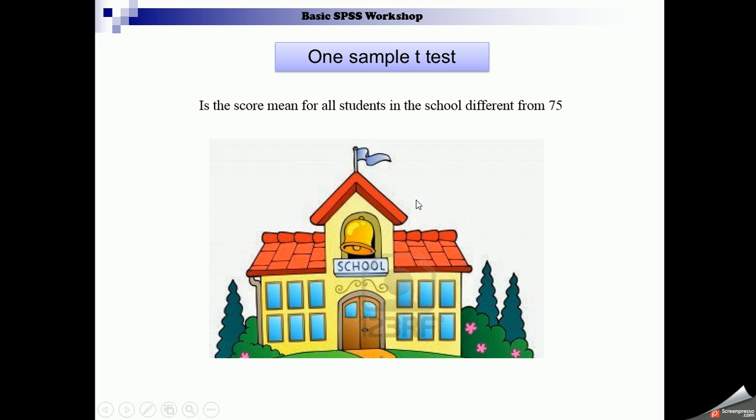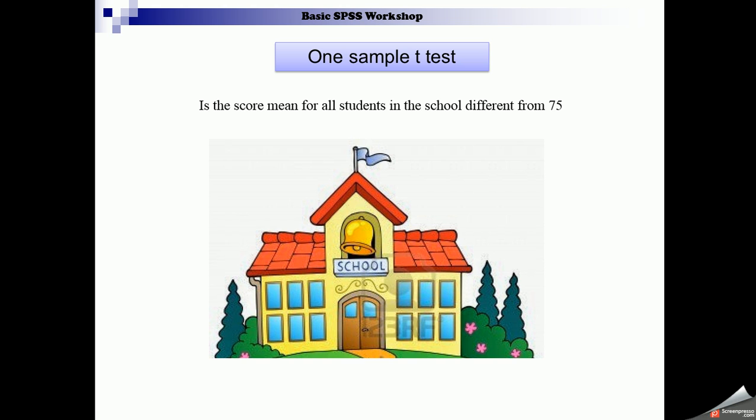So let's think that we have the population for the whole school, and the sample is the two classes that we had previously. We want to check if the score mean for all students in the school is different from 75, and our sample is the two classes.